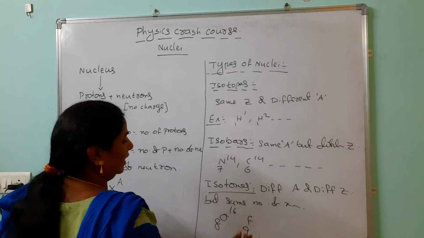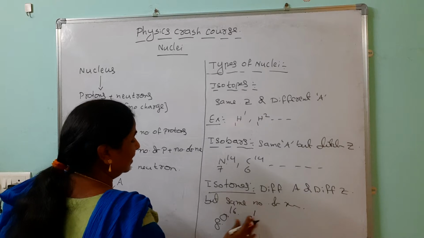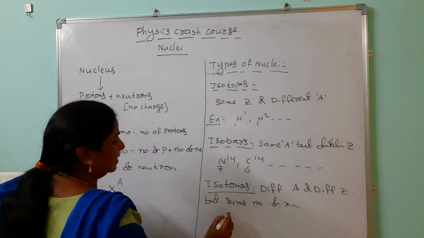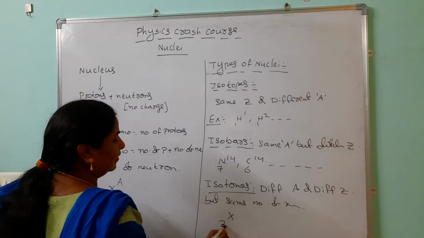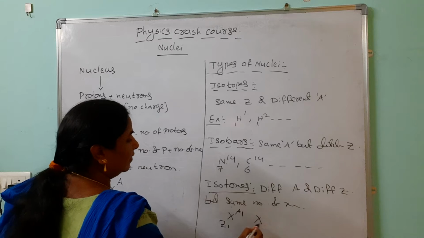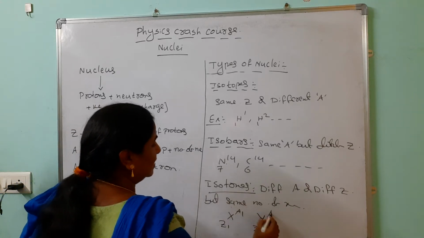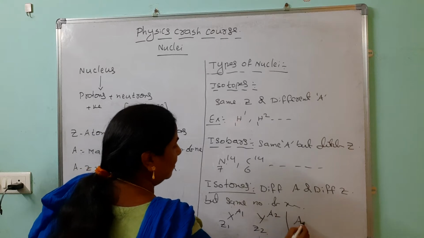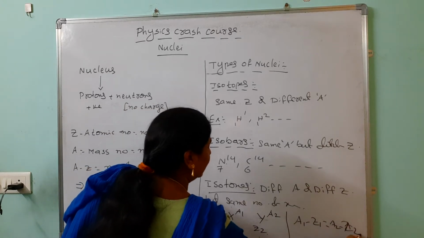Another way, simply you can take it. This is the X element, atomic number is Z1 and mass number is A1. Another one Y, atomic number is Z2 and mass number is A2. But here A1 minus Z1 equals A2 minus Z2.